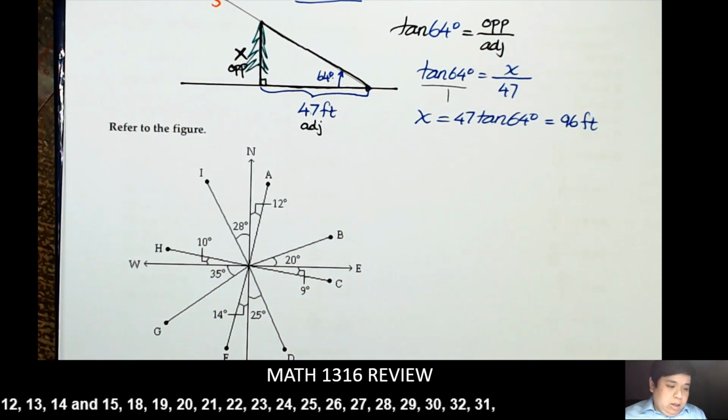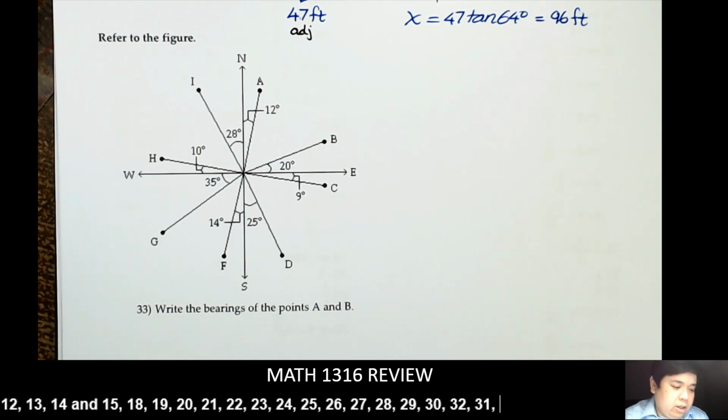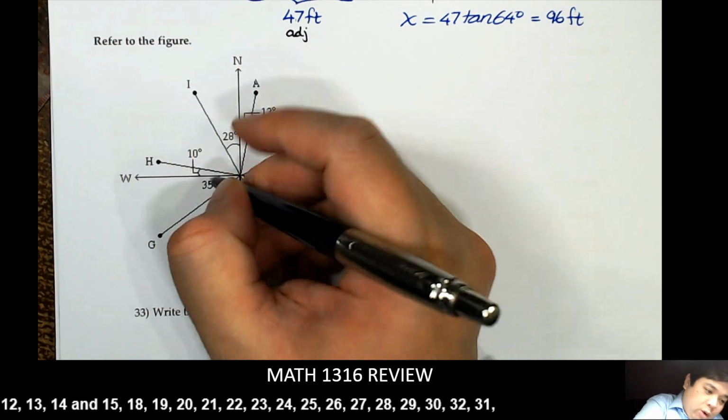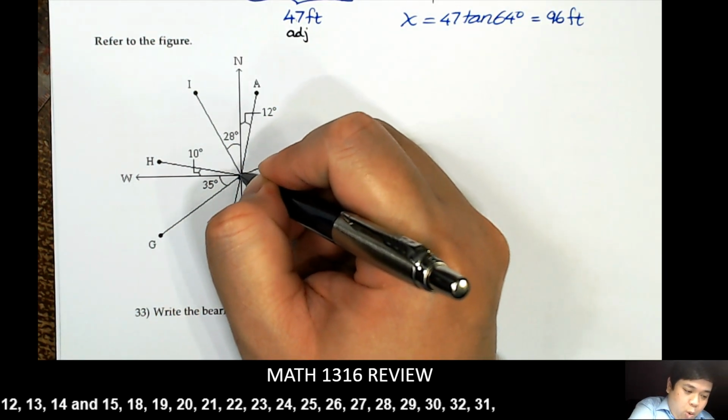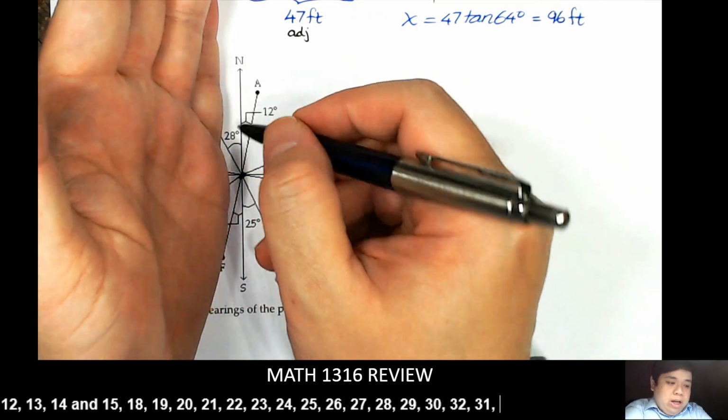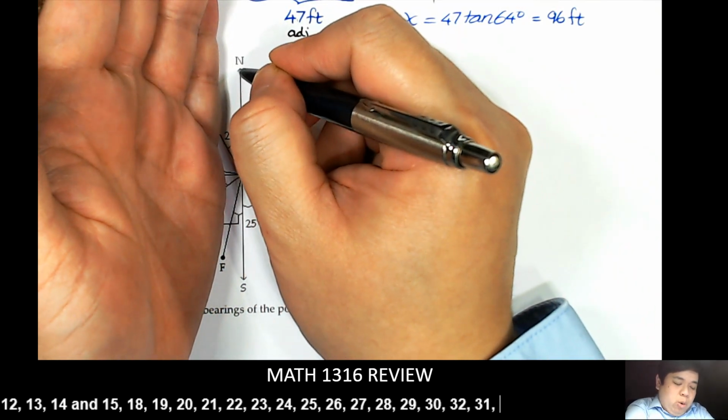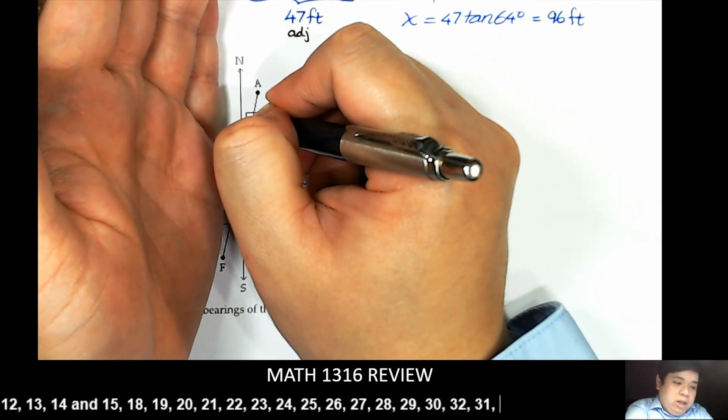Right, 33 and 34. 33. The bearing of point A and point B. So the bearing, I think we assume with respect to this angle. So with respect to this point, to go to A, it is on the north side and 12 degrees east.